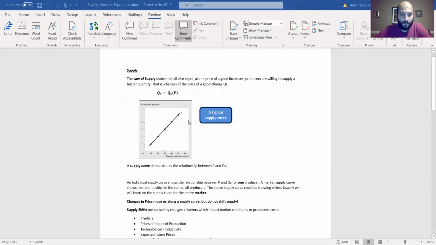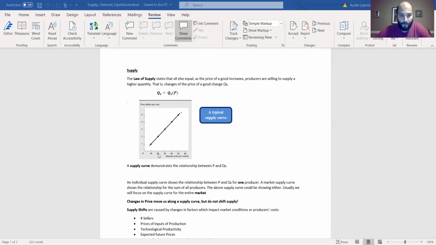Right, so what this supply curve is again showing us is a relationship between price and the quantity that suppliers in the market are willing to supply. And this could be for one producer in a competitive market, or it could be the entire market. Usually we focus on the entire market. So what this is telling us is that in the entire market, at a price of 1, there are 10 total units provided.